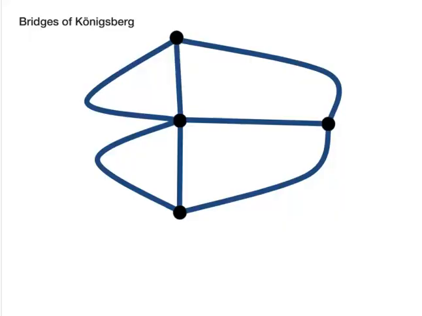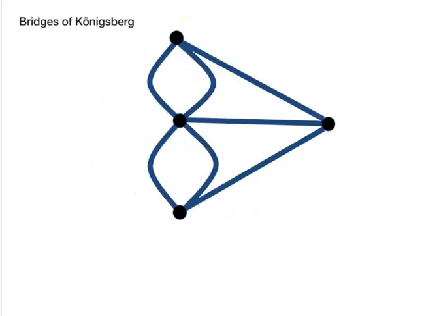Those two bridges that go from the island to the north side, I'm just trying to draw them equally. So there are your 7 bridges: 1, 2, 3, 4, 5, 6, 7 bridges. They are represented by the arcs, the edges, and you've got the 4 nodes which represent the 4 different parts of the city.